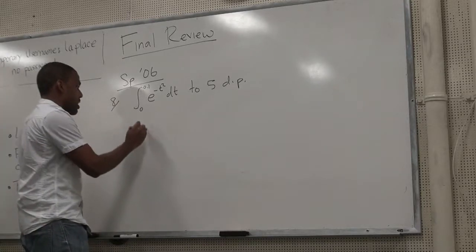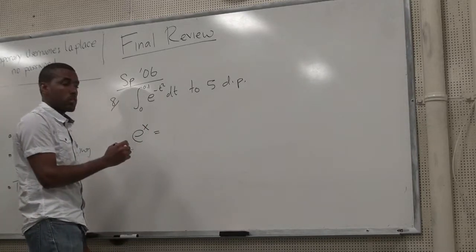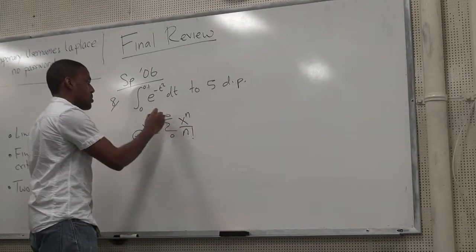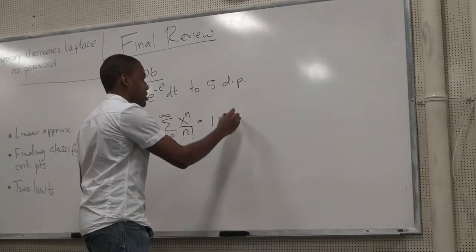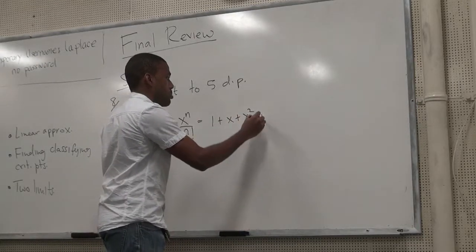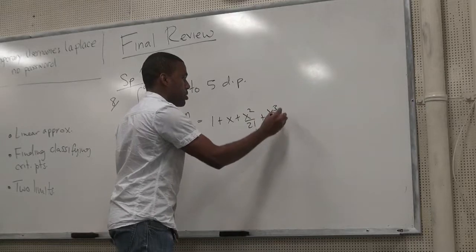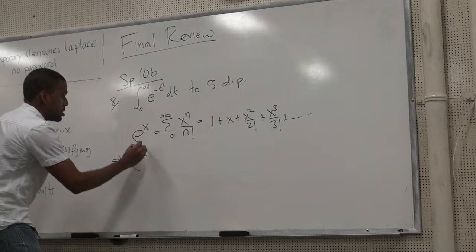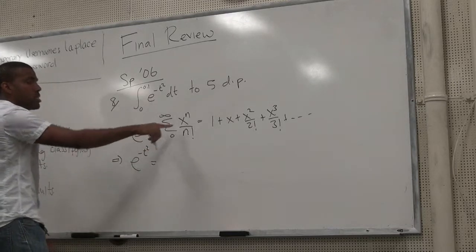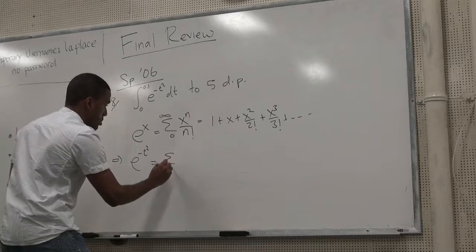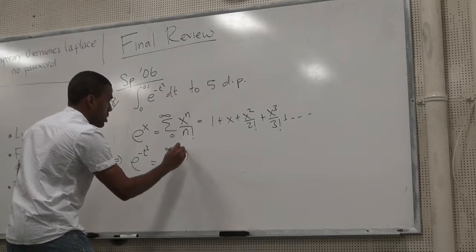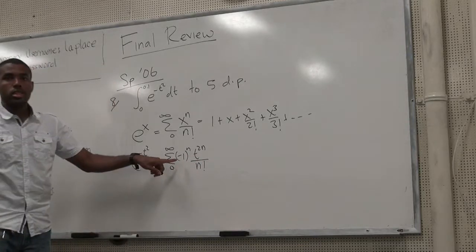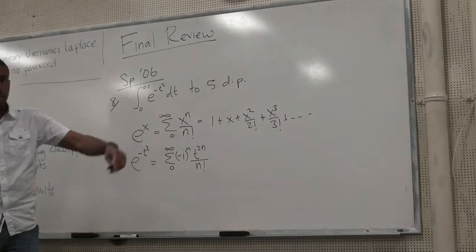We know that e to the x is the sum from 0 to infinity of x to the n over n factorial, so that's 1 plus x plus x squared over 2 factorial plus x cubed over 3 factorial and so on. So for e to the minus t squared, I'm just going to plug in minus t squared for x. That gives the sum from 0 to infinity of (-1)^n t^(2n) over n factorial. That gives me an alternating series, which means I can use the alternating series approximation.